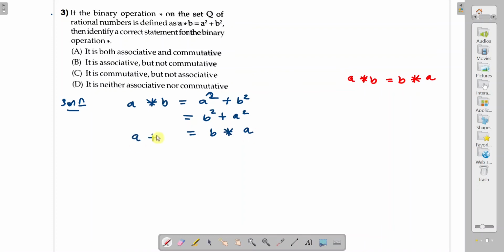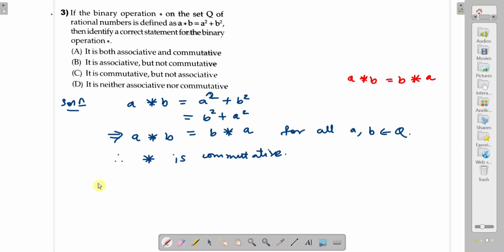So what we are getting is a star b is equal to b star a for all a, b belonging to the rational number set. For all a and b it is true. So therefore star is commutative. So we have got the first part.